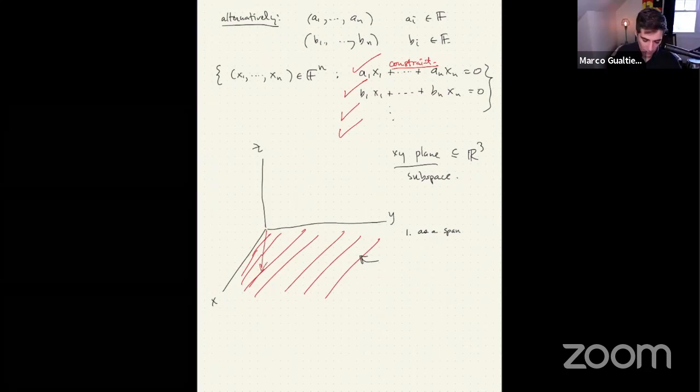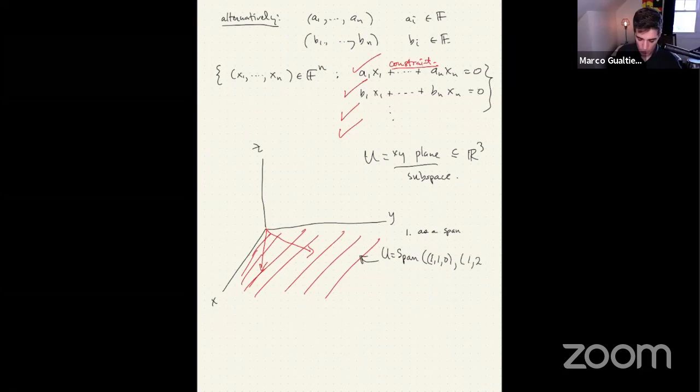I have to take, let's say, this one and this one. So I could say that it's the span of, let's say, (1, 1, 0) and let's say (1, 2, 0).